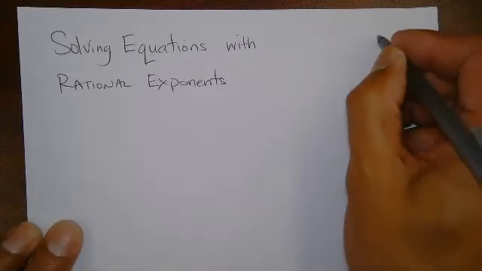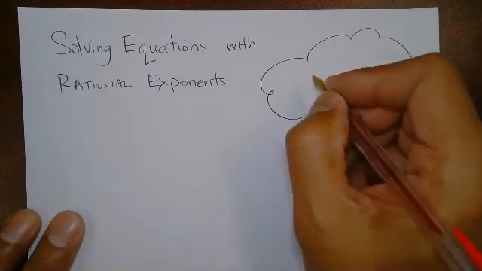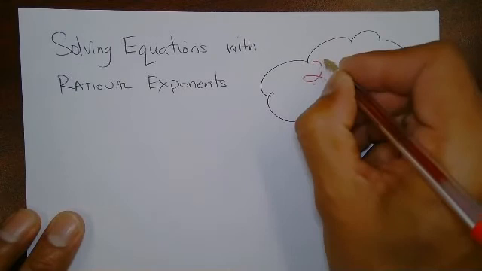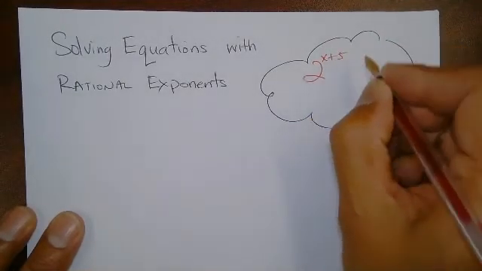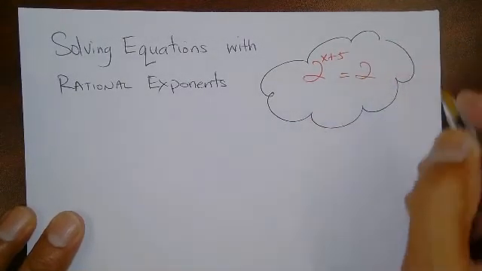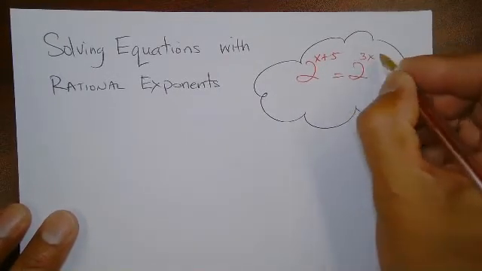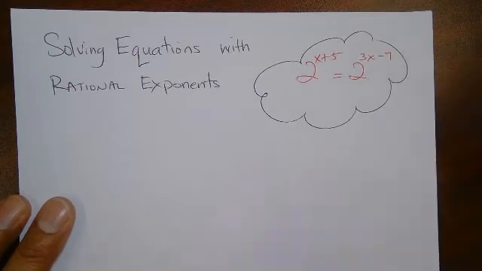This is the ideal situation here where we have something like 2 to the power of x plus 5 is equal to 2 to the power of 3x minus 7.